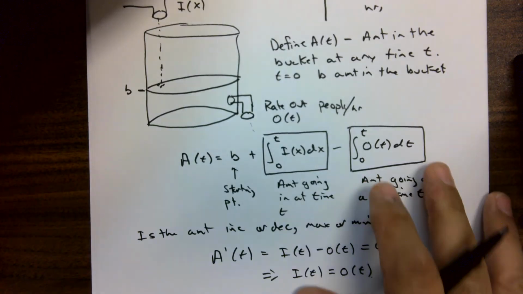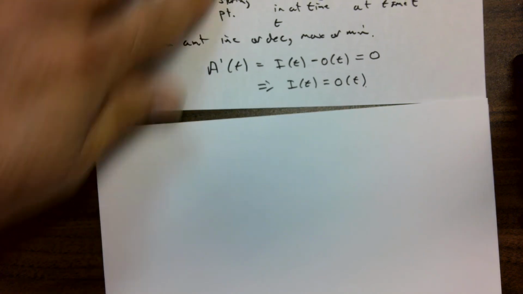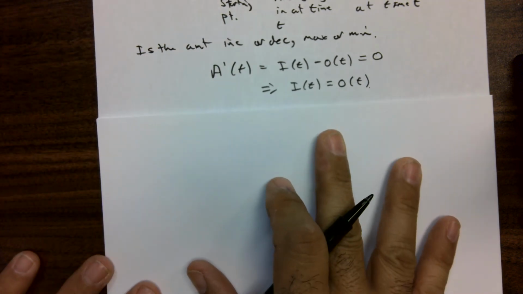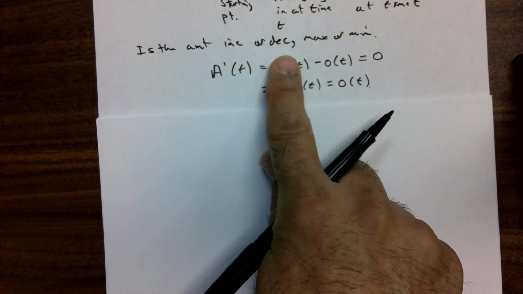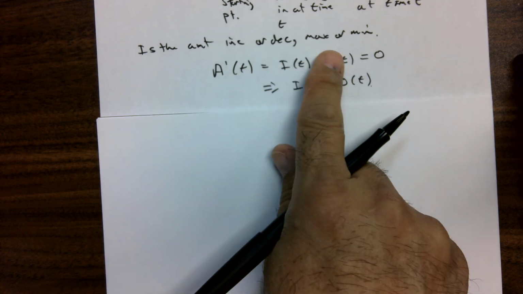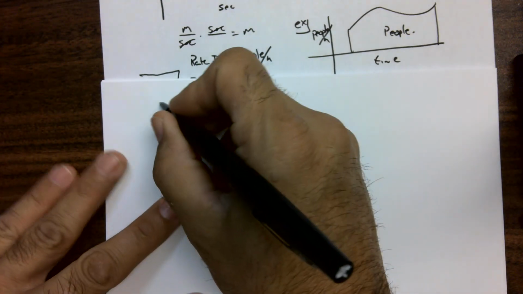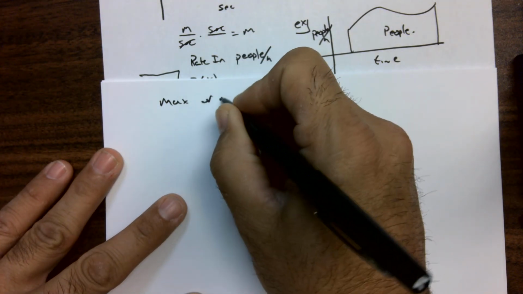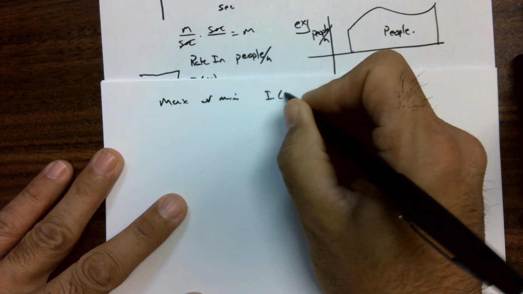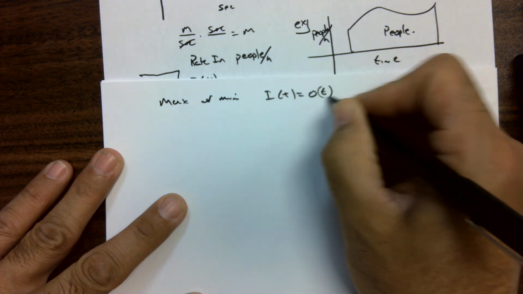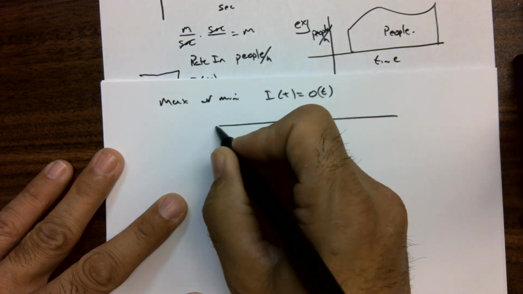And we'll look at an example, and I know this is abstract and you may think, well, what the heck's going on? But for right now, just kind of play along. Now, not only increasing or decreasing, they may ask for the maximum amount or minimum amount. So if we see the maximum, we're going to set A prime of t equal to 0. So if you want max or min, set I of t equal to O of t and solve for t.